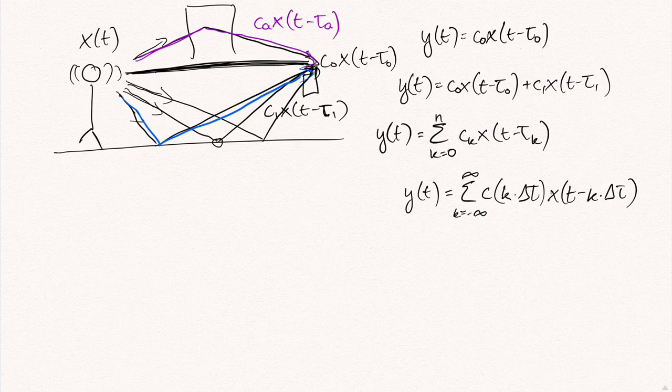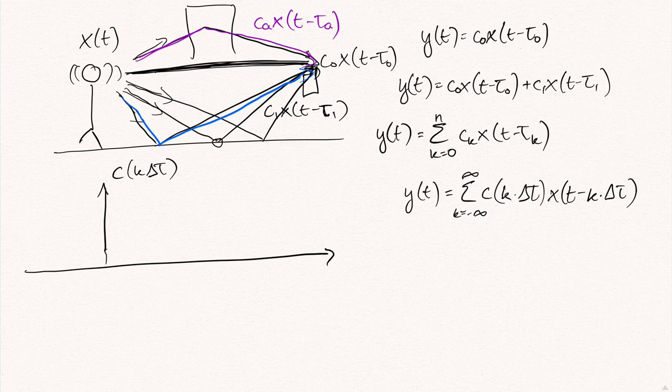Now let's look at what we've got here. We can write a graph where we write our c factors as a function of k times delta tau. And what we typically will have is lots of zeros in the beginning, and then at some point we'll have some sort of non-zero value.